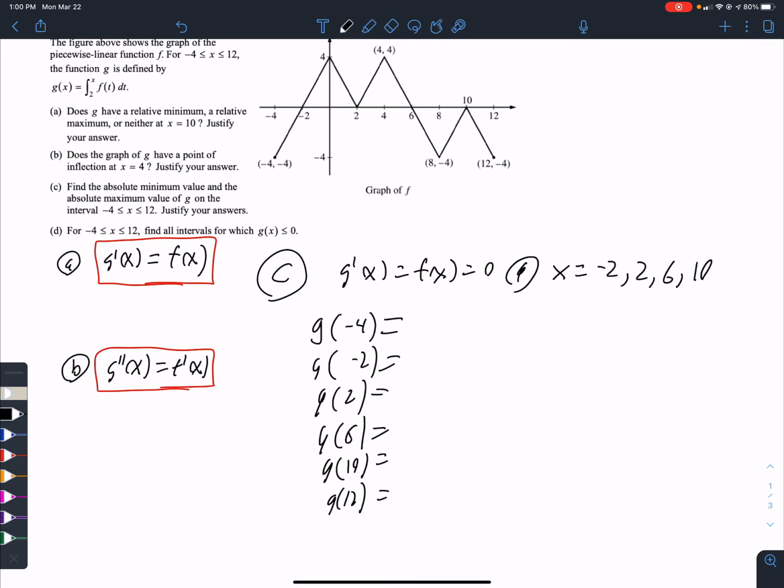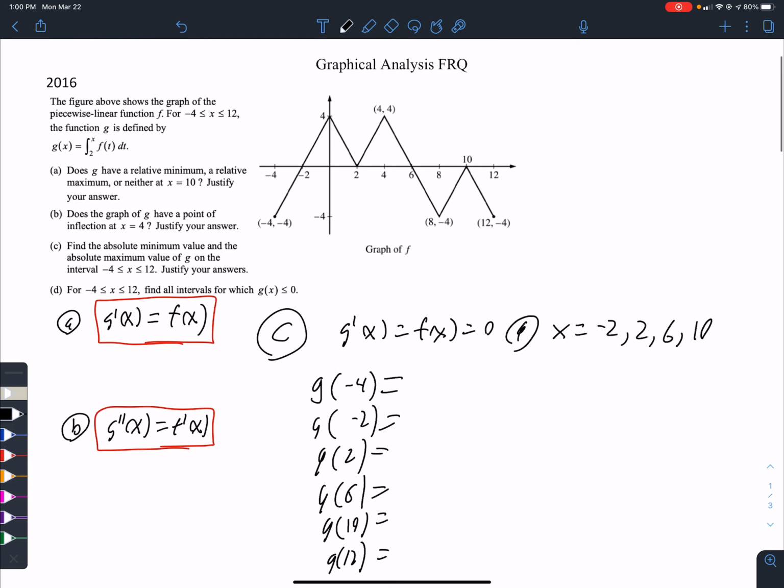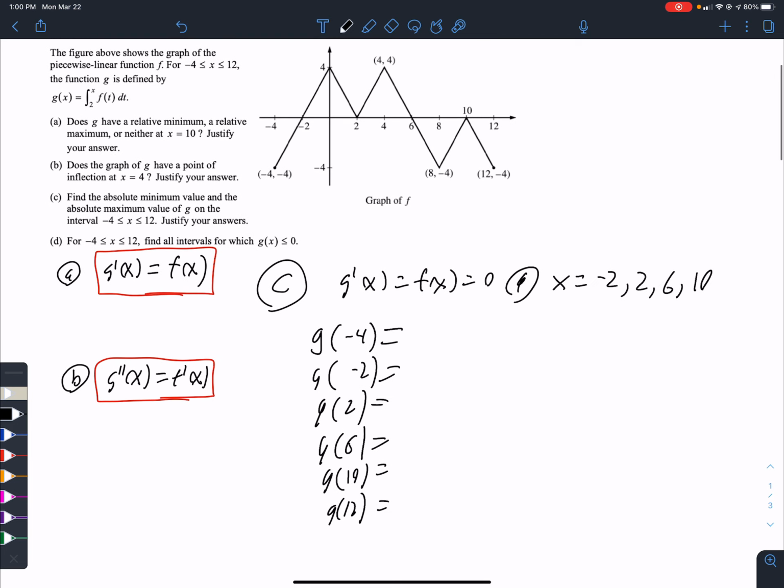I would need to find all of these, and whichever one's the biggest will be the maximum, and whichever one's the smallest will be the minimum. So that's what's going on here. So how do I do this? Okay, we have to just plug these numbers into this G function. So let me write this bigger.